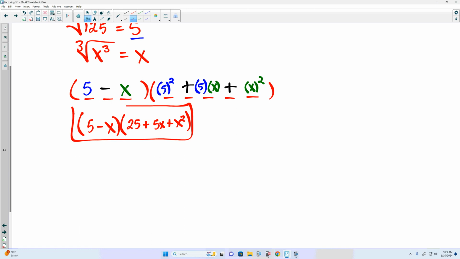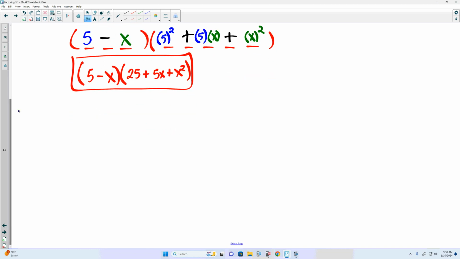And we can leave it as this here. There's nothing wrong with that. If we wanted to rewrite it so the variables show up first, it is possible to do that, except the first set of parentheses is going to be negative x plus 5. The second set of parentheses is going to be x squared plus 5x plus 25.